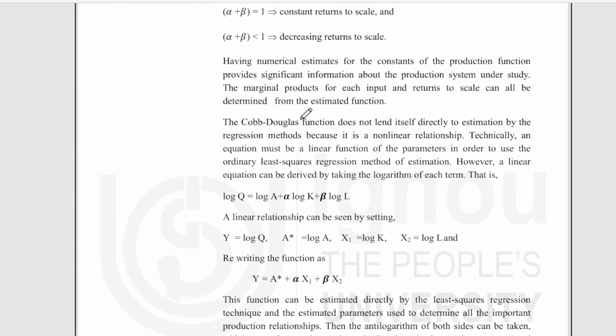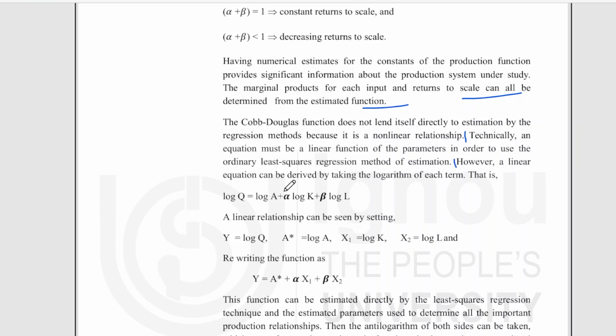Having numerical estimates for the constants of the production function provides significant information about the production system under study, and the marginal products for each input and returns to scale can all be determined from the estimated function. The Cobb-Douglas function does not lend itself directly to estimation by the regression method because it is a non-linear relationship, and technically an equation must be a linear function of the parameters in order to use the ordinary least squares regression method of estimation.